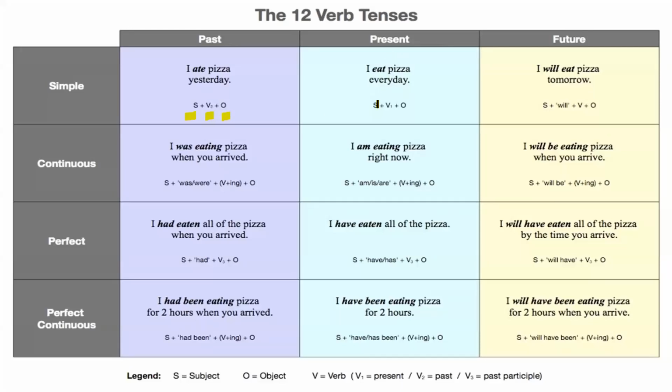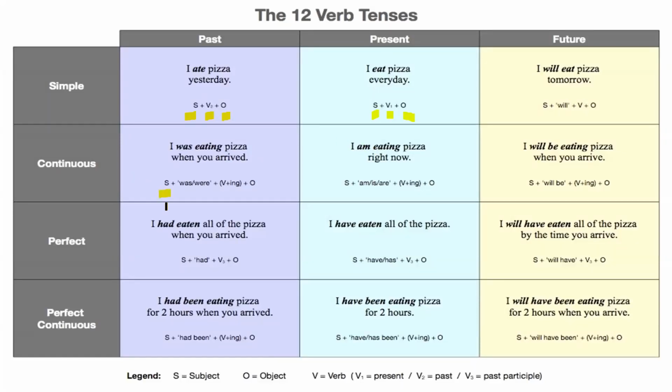While the present, again, subject, but here V1, the first form of the verb, not the infinitive. The infinitive, this is the source or the base of the word. While V1, this is the present form of the verb, and object, this is the third part of an independent sentence.